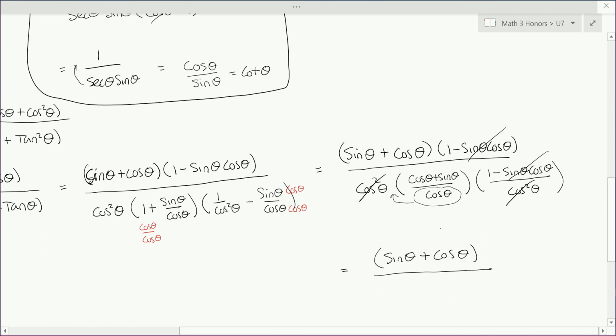So if I multiply this cosine squared with this fraction, you can think of this as cosine over 1, right? And then I have sine theta plus cosine theta times secant theta. See where that's coming from?